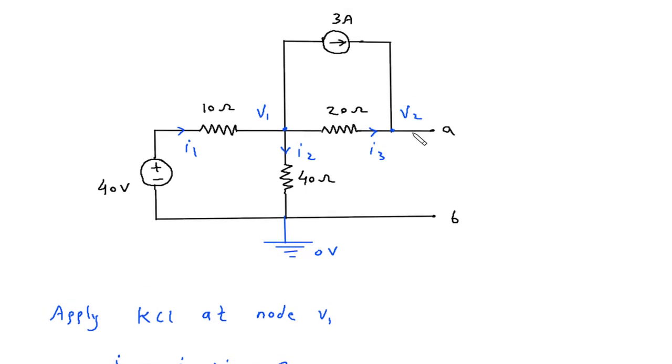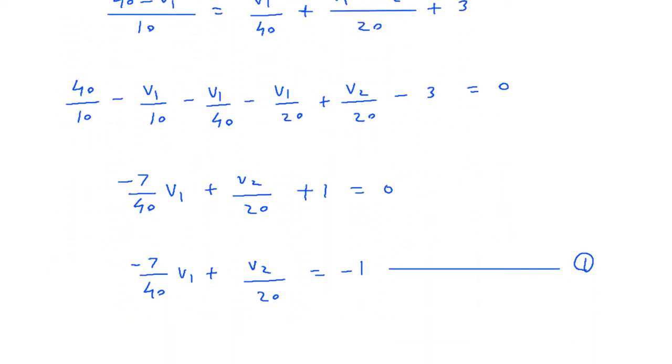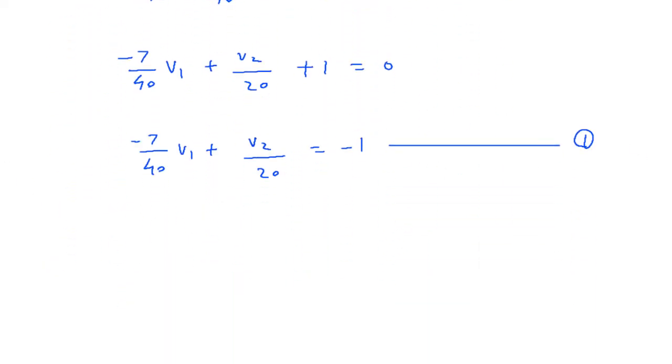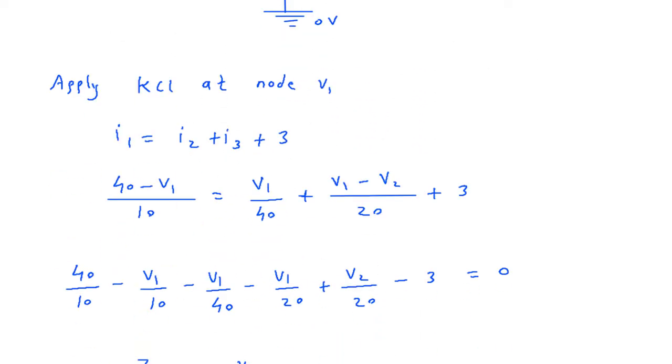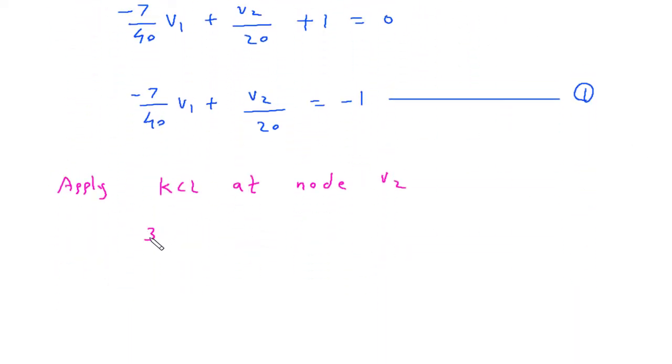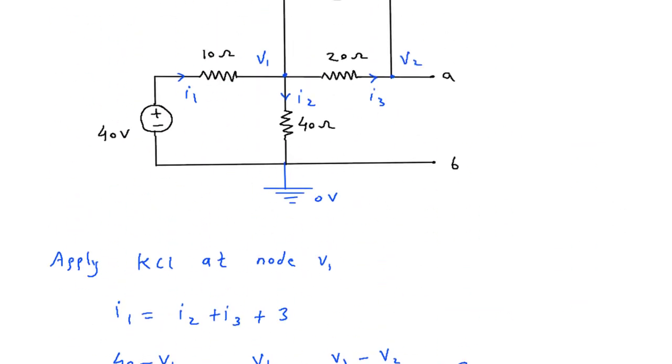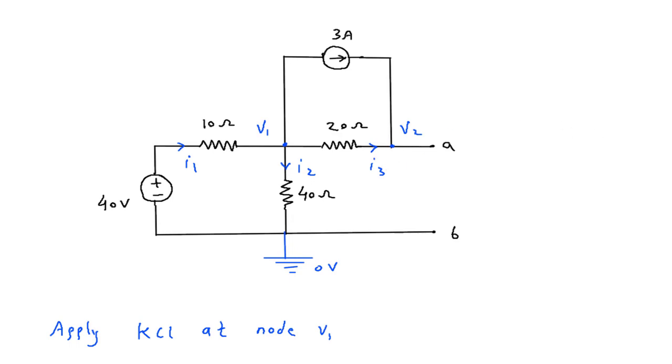Now we will apply KCL at node V2. Entering current at this node is 3 plus I3, which is equal to leaving current. Leaving current at this node is 0.